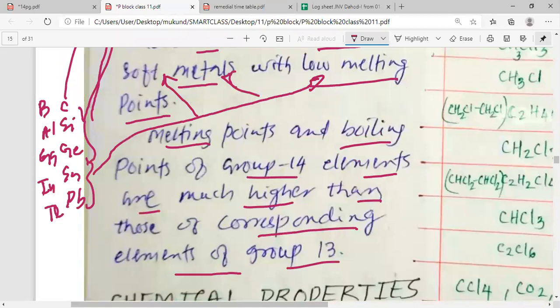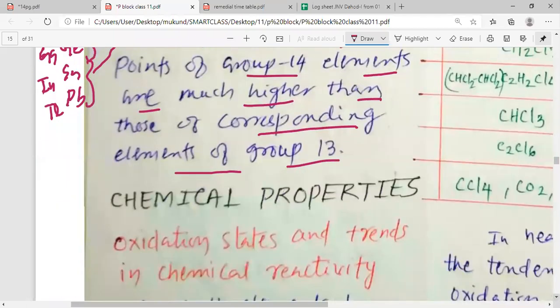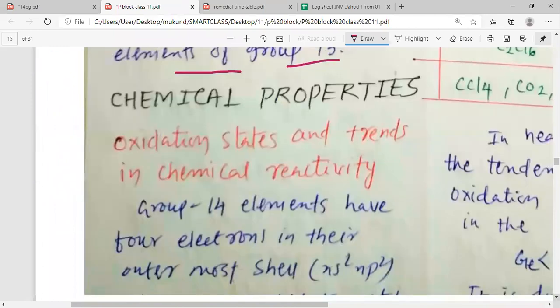When we compare the melting and boiling points, the bond dissociation enthalpy of group 13 elements is not so high, but group 14 elements have stronger bonds, and that is why their melting and boiling points are much higher than the corresponding elements of group 13.